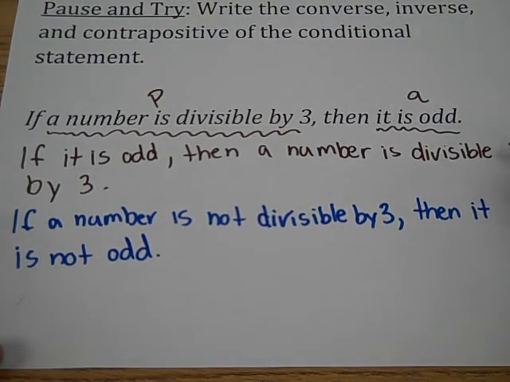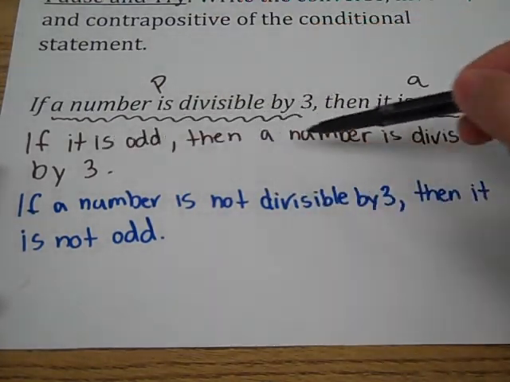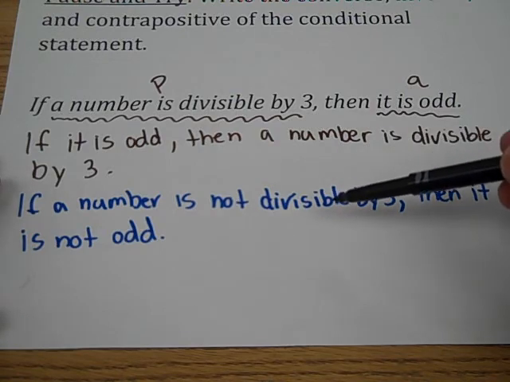So in brown here we have the converse, in blue we have the inverse, and then we can write the contrapositive by combining them. So we switch P and Q and then negate them both. So I'm going to take the converse since it's in the right order, and then I'm just going to negate it like I did for the inverse.